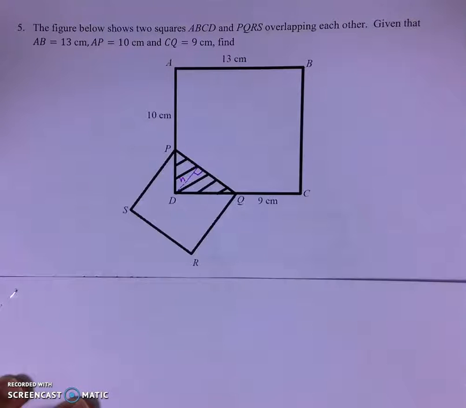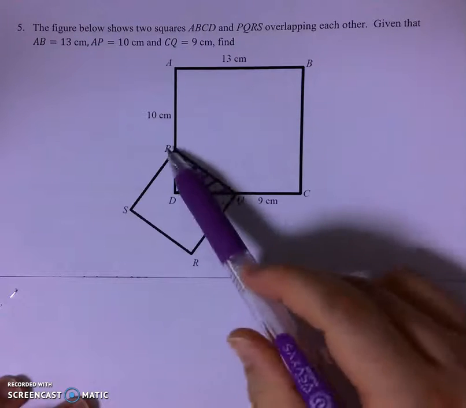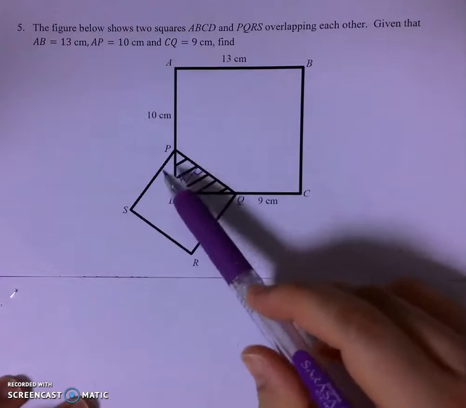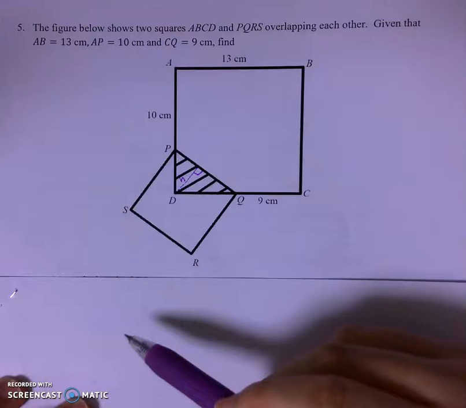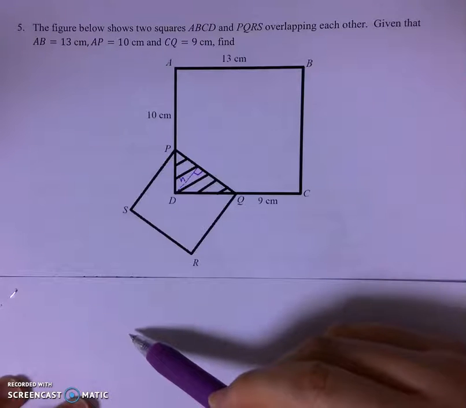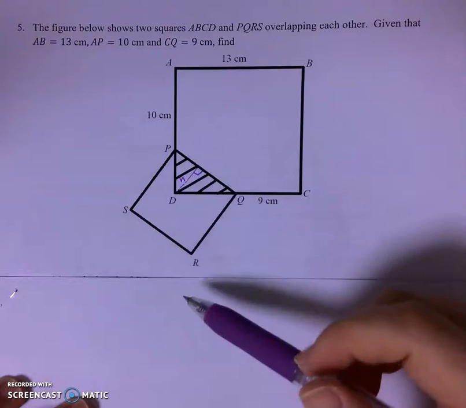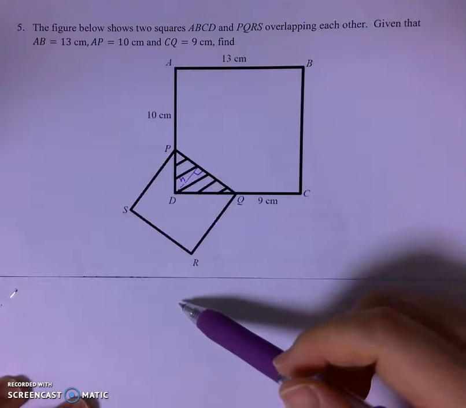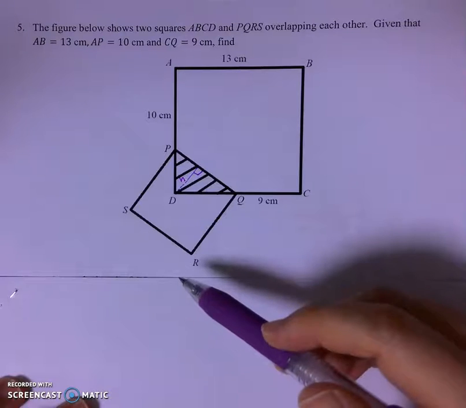To find this, we have to see what information we have currently. We do know all three sides of the length of triangle PDQ. We do not know any of the angles, though we can find those.